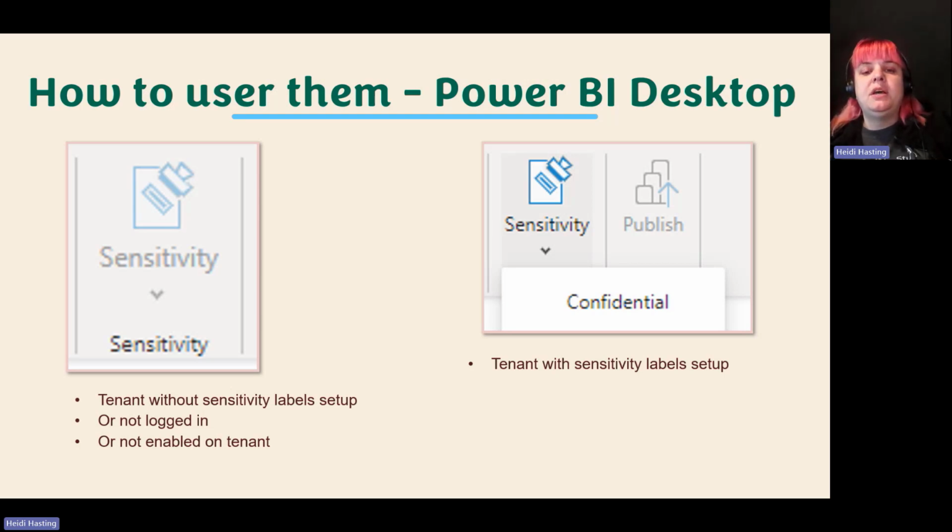when a label has been published. So as an admin, if you're ever setting up the labels, be conscious that everyone might want their own label. You know, the finance director at A may want one, HR director at B may want one, IT may want one, but you don't want to go too broad with your labeling, because if you go too granular, you'll get this massive list. But then if you go too broad, it might not be appropriate for what you're trying to do with your labeling.